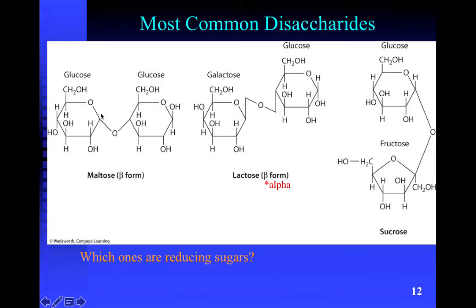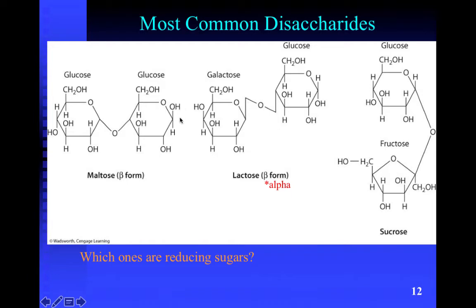So maltose is alpha 1 to 4 glucose. You can see here that this says maltose in its beta form. The reason is because this open anomeric carbon does not have a glycosidic bond. Its hydroxyl group can either be up or down. Doesn't matter, it would still be maltose. If it's maltose but the hydroxyl group is up, we say that's beta.